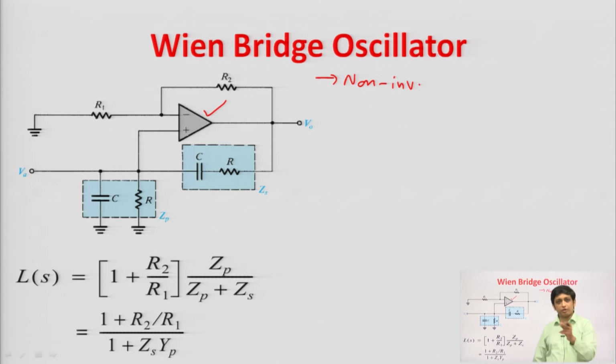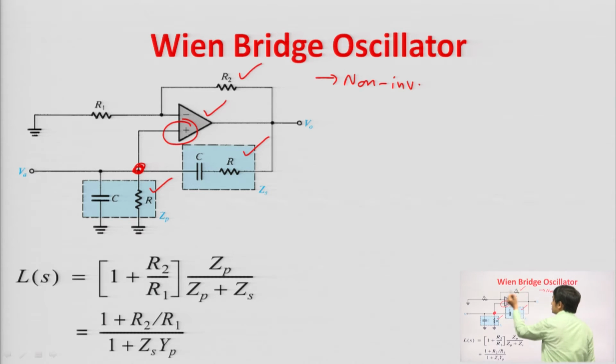By doing this, the total phase shift around the loop will be 0 degree or 360 degree. In the feedback network there are two branches, one is R and C connected in series, another one is R and C connected in parallel, and it is connected to the positive input terminal, that is the non-inverting input terminal.